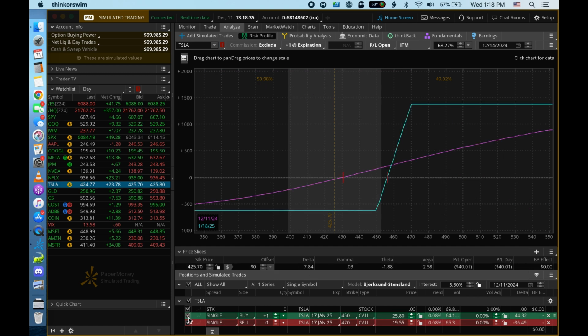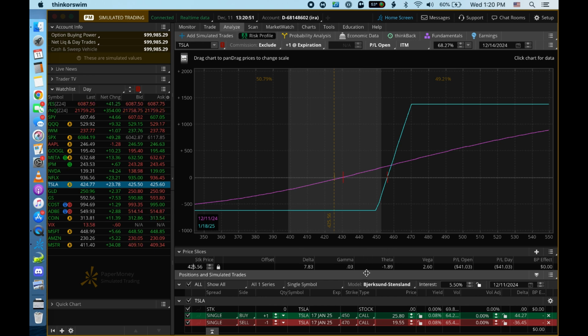And if you put them together, we still have a positive delta of 7.84. It's a much smaller delta. We've muted the intensity of this position, because we have a smaller delta, the gains and losses will accumulate more slowly.